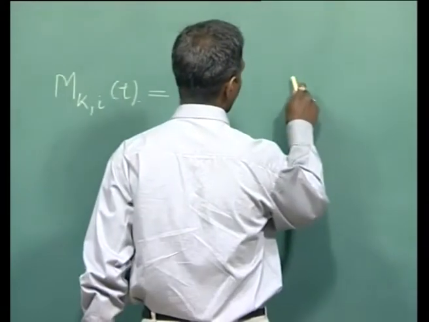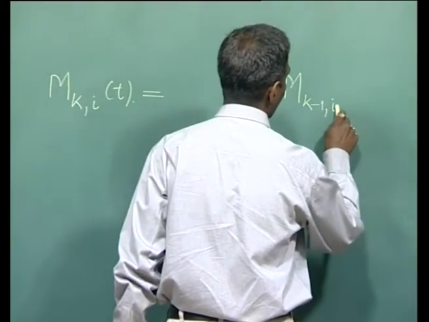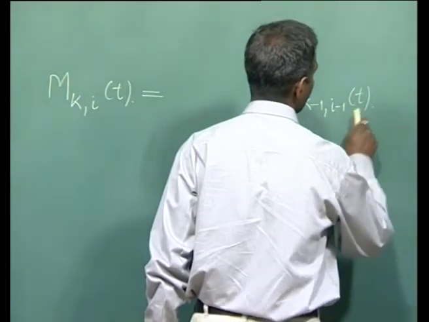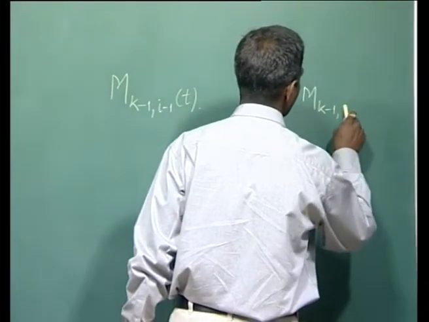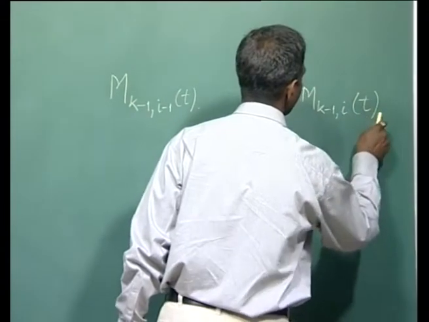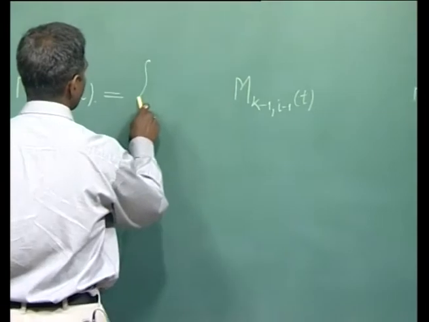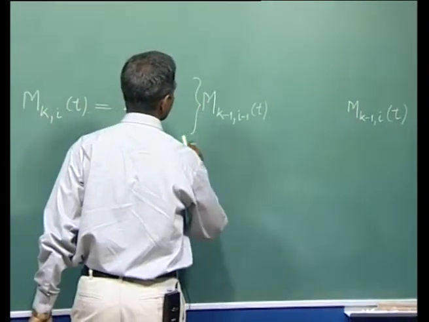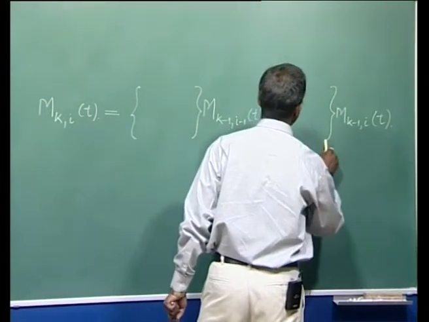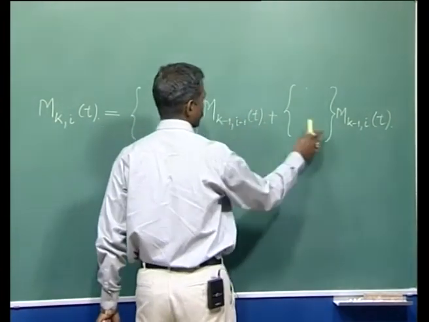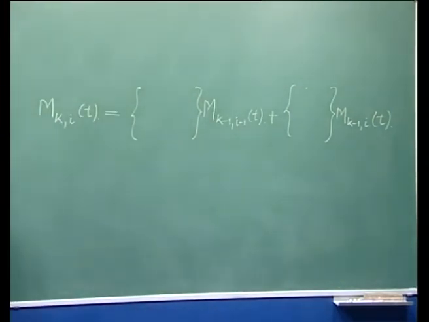So let me write them down. m_{k-1,i-1}(t) and m_{k-1,i}(t). Of course, there will be associated constants or weights with these basis functions. I'll fill them up in a while.